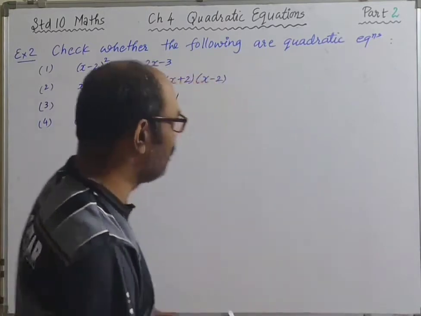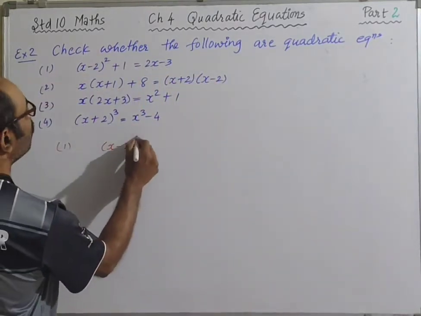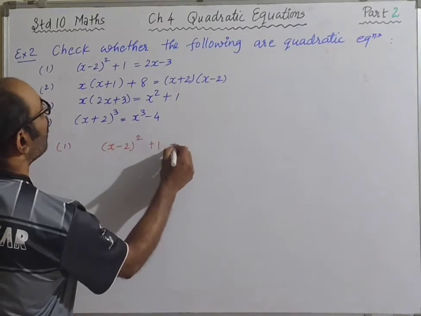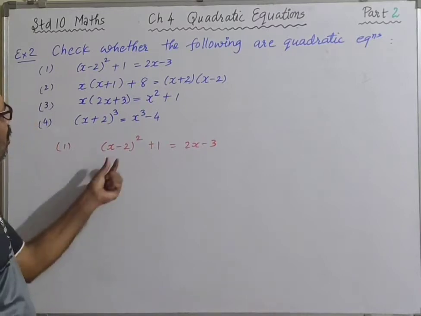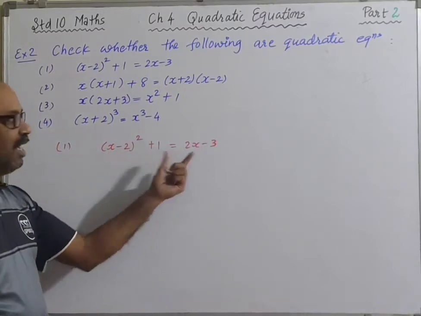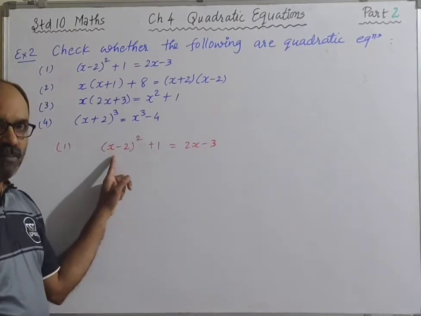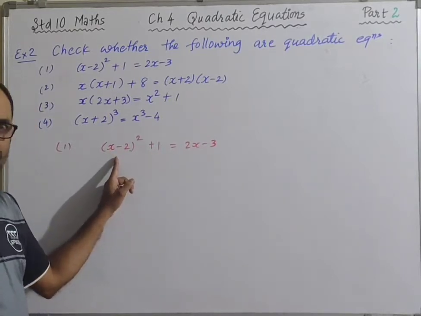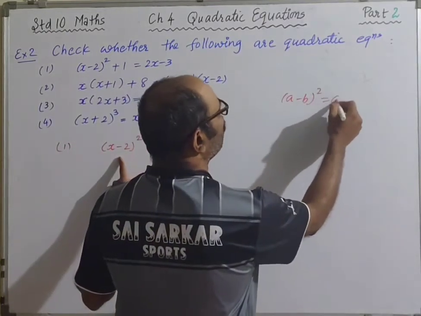Let's see the first one. (x minus 2) whole square plus 1 is equal to 2x minus 3. Well, there are two terms on the left hand side and two terms on the right hand side. On the left hand side, the first term is complex, which is (x minus 2) whole square. So you can apply this expansion, (a minus b) whole square.